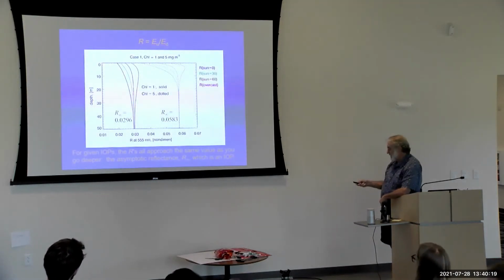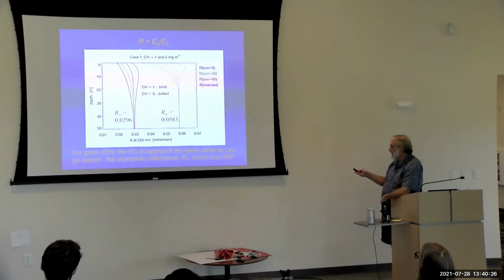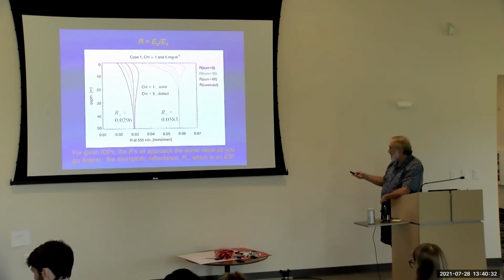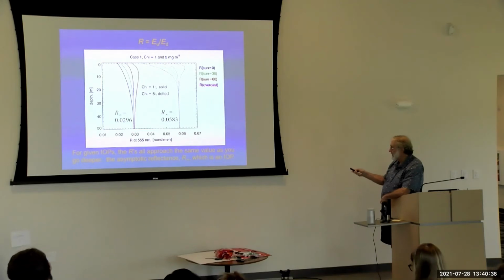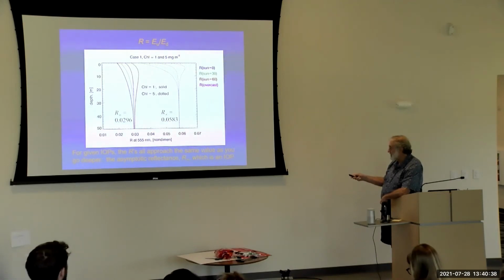Well, here's R at 555 for the chlorophyll of 1, and these 4 different sky conditions. And you notice once again, the solid here was for chlorophyll of 1, and the dotted is for chlorophyll of 5. So they're different values, of course.